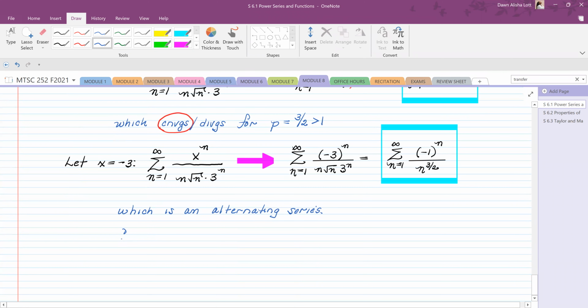Since the summation of the absolute value of (-1) to the n over n to the 3/2, which is equal to the summation of 1 over n to the 3/2, converges, this series converges absolutely.